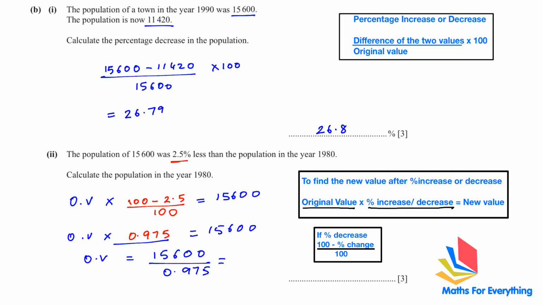And that will be 16,000. I hope you have understood these rules and how to use them. So even when the original value or the starting value of something is given and you want to find the new value, you use this formula. And if the new value is given and the percentage change is given, you use this formula.